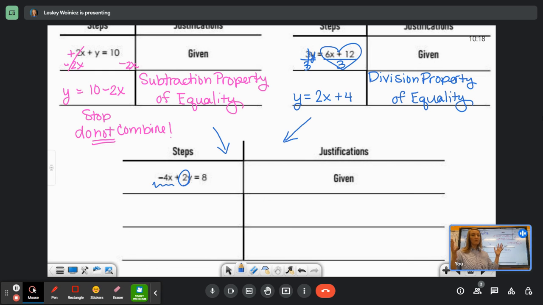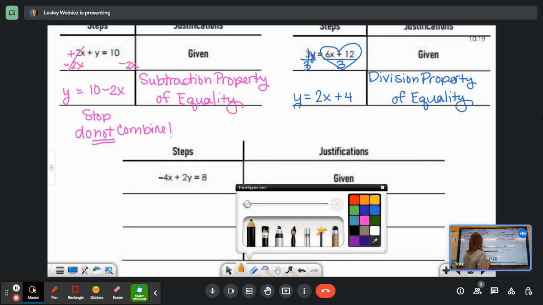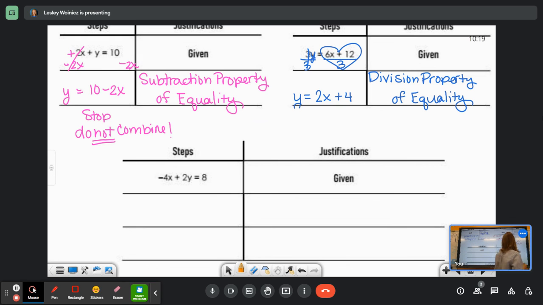So the third problem is kind of like a smash up of the first two. Okay, here we go. So the first thing I'm going to do is get rid of that negative 4x. Okay, so I undo subtracting 4x by adding 4x to both sides.